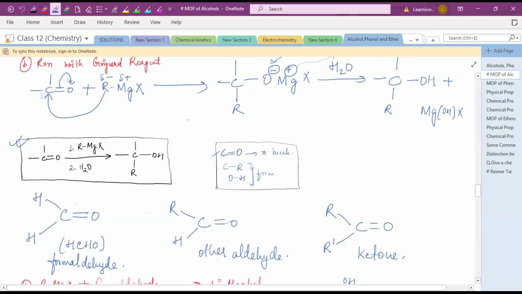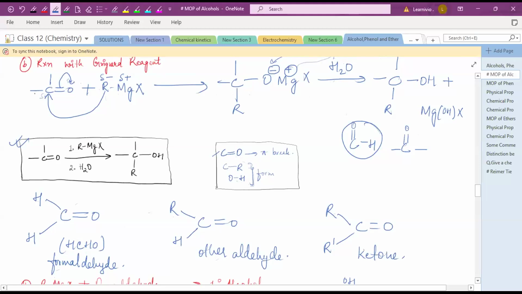So you know very well aldehyde as well as ketone both have a C=O group, right? Aldehyde has the CHO group, and the ketone has only the C=O group, with an alkyl group, R, on both the right and left sides.